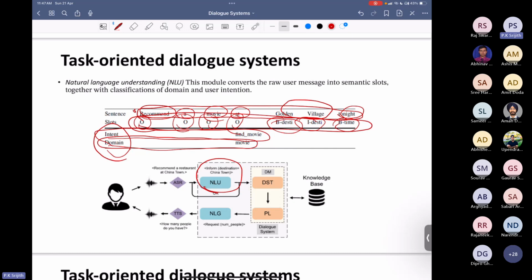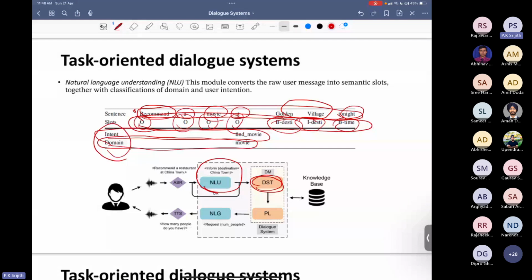This is often known as slot filling, because the dialog state tracker maintains a predefined set of slots like location, genre of the movie, date, etc. These are the different slots the dialog state tracker maintains, and at every turn, on the basis of every user utterance, the NLU has to point out what kind of slots the user is talking about and fill the slots that the DST is maintaining.